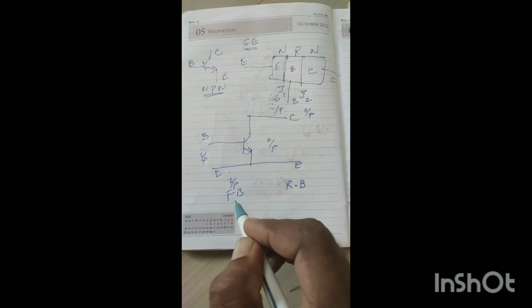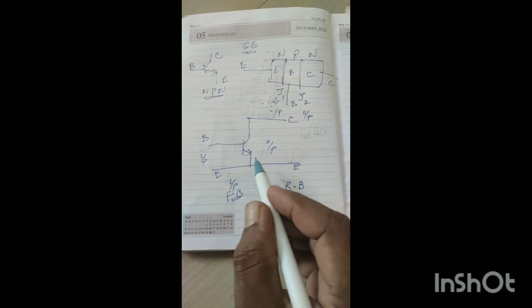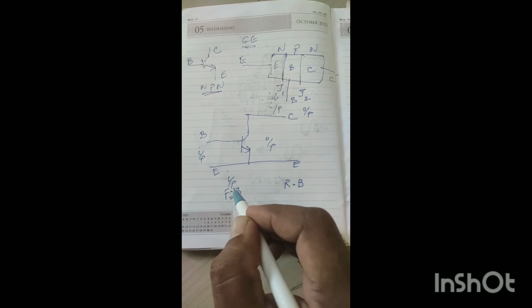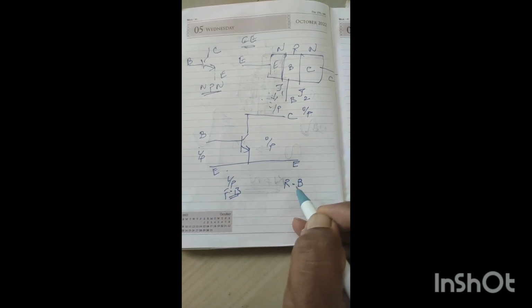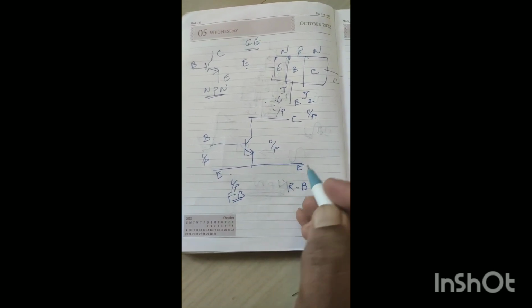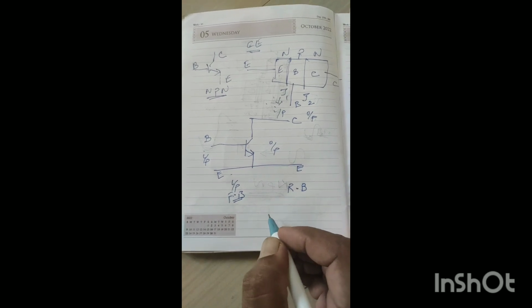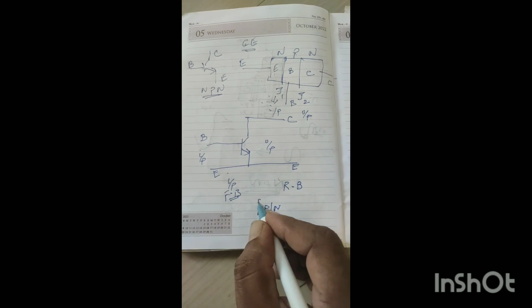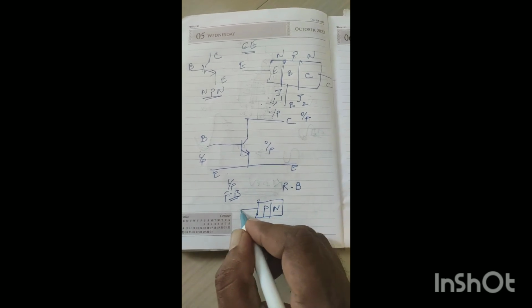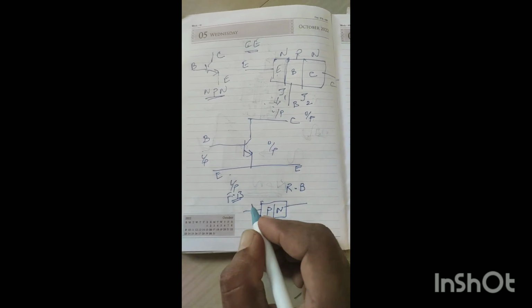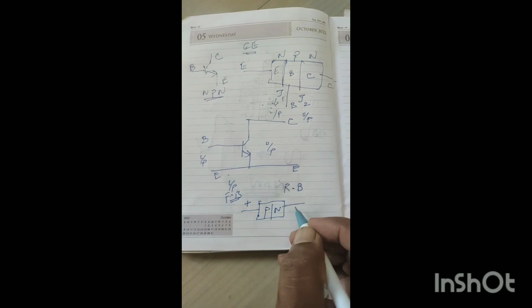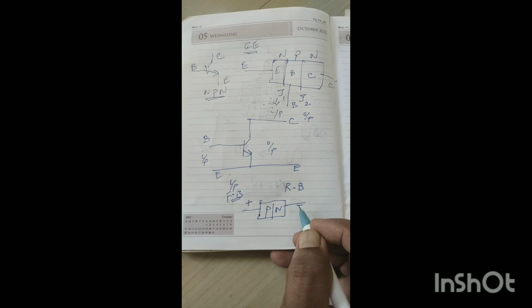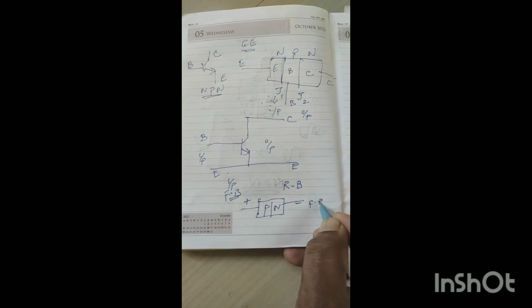That is the concept of the amplifier: input should be forward biased, output should be reverse biased. Let us consider a PN junction. If the P material gets positive voltage with respect to the N material, if P is positive and N is negative, then it is called forward bias.